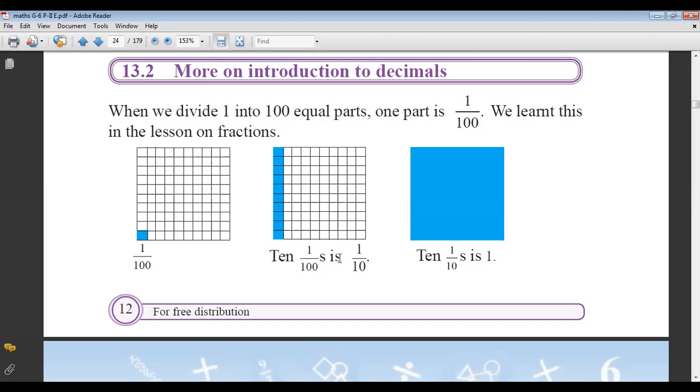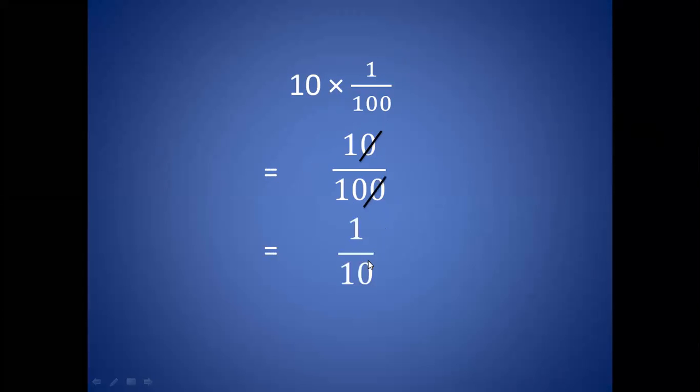We can simplify that: 10 multiplied by 1 out of 100 is 10 out of 100. So you can cut these two zeros, then it is 1 out of 10.